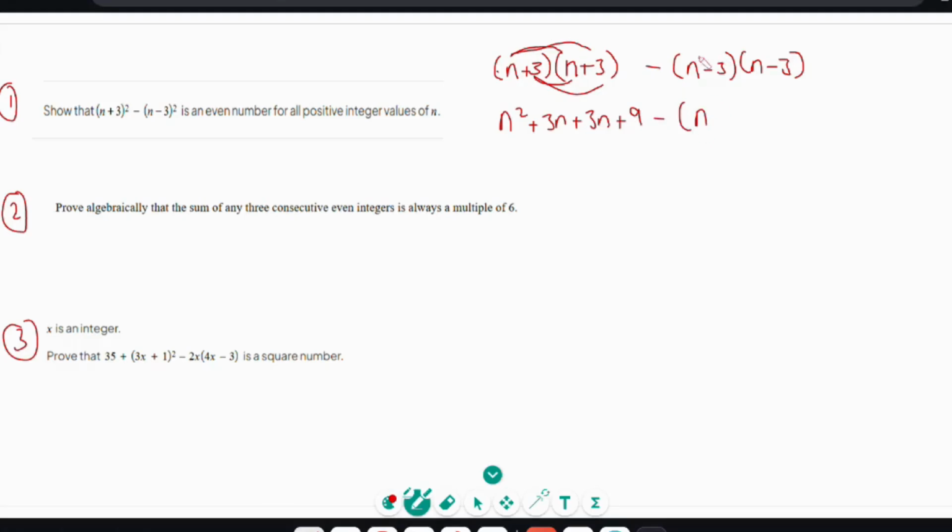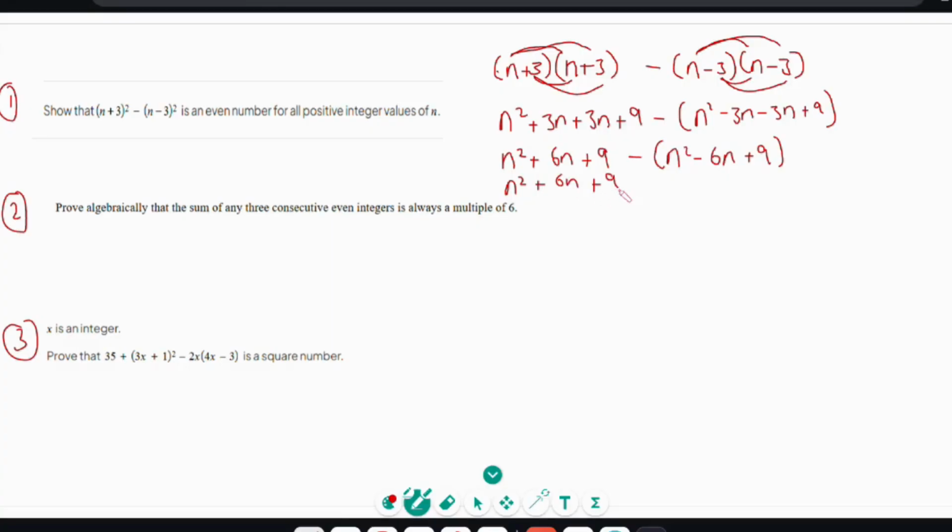Leave this in a bracket. Simplify. Remember, I'm subtracting everything inside this bracket here. Gotta be really careful with this minus. In fact, before I do that, let me simplify. Okay, now I will remove my bracket.